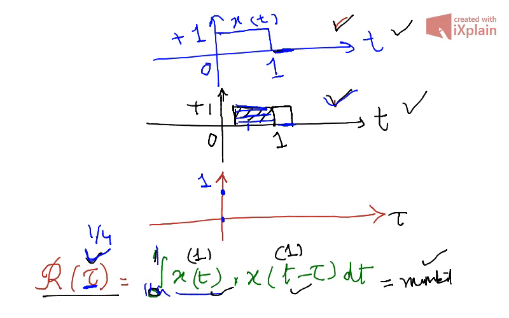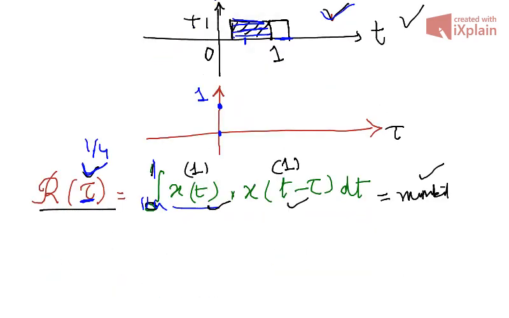Let me do it here for explanation. Your r of tau effectively runs from 1 over 4 up to 1 of x of t, which is unity, times this, which is also unity, dt.